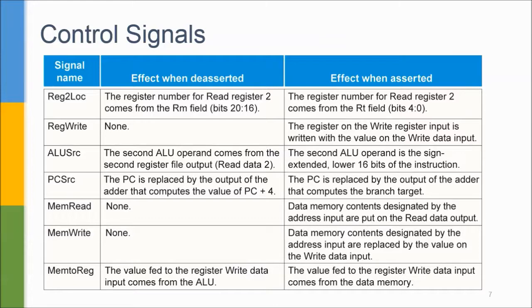To generate the PC SRC signal, we will need to AND together a signal from the control unit, which we call branch, with the 0 signal out of the ALU. These 9 signals can now be set based on the input signal to the control unit, which are the opcode bits from 21 to 31.